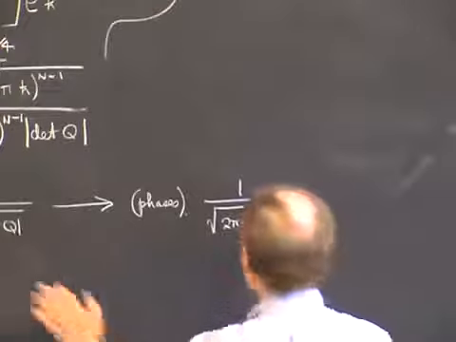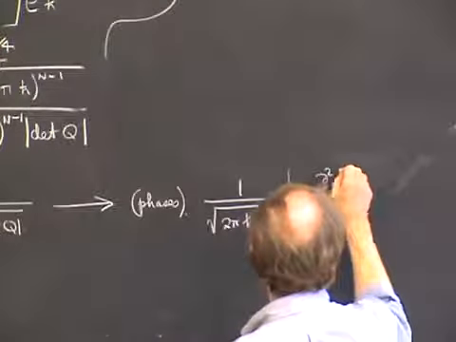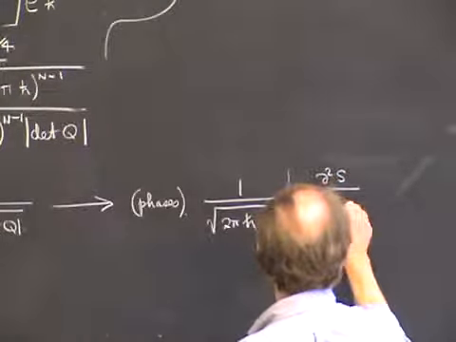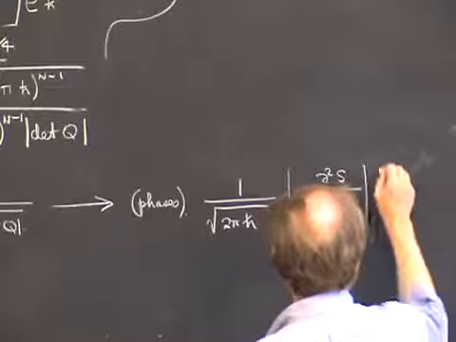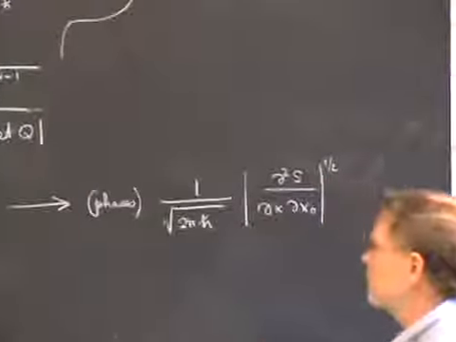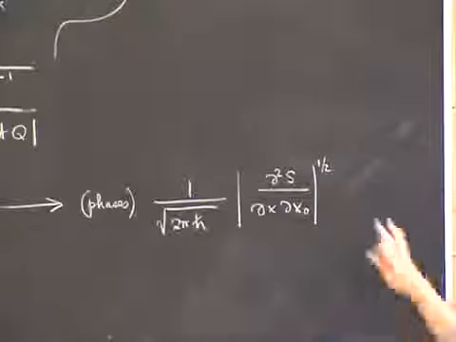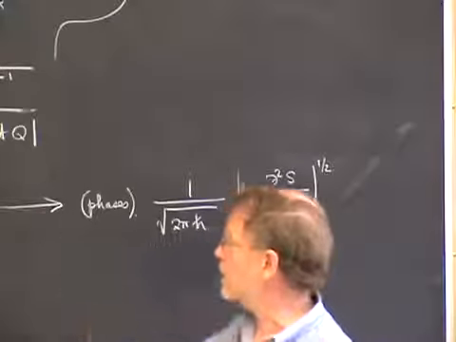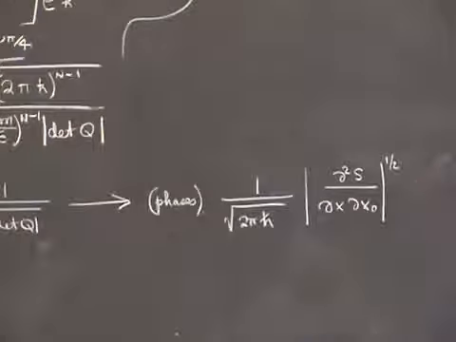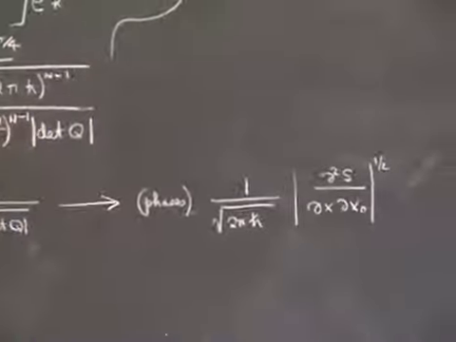And then this determinant q now turns into the second derivative of Hamilton's principal function with respect to initial and final positions to the 1/2 power. There was a minus 1, but this is in the denominator. It got turned into the numerator, and there's the square root still there. The phases are this part here.